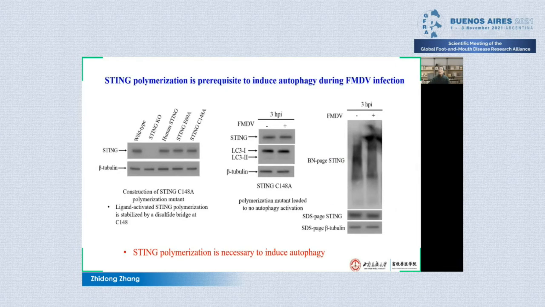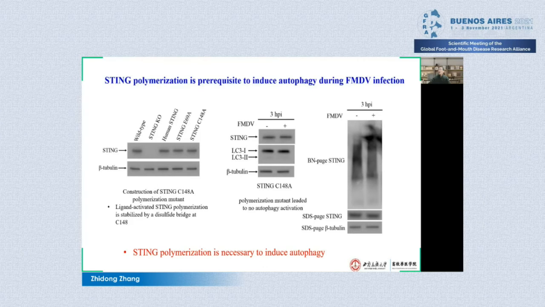In addition to trafficking and palmitoylation, STING activation also requires polymerization. Activated STING polymerization is stabilized by a disulfide bridge at C148, and mutation of C148 to alanine will disrupt STING polymerization.